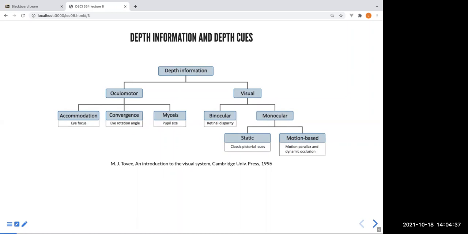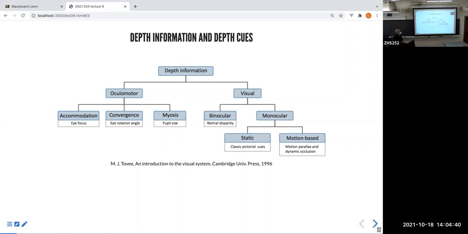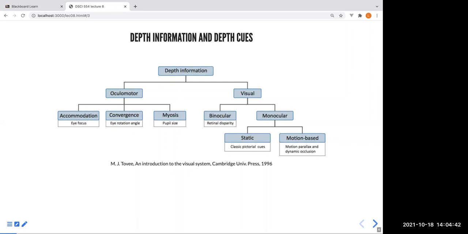So when you look at a scene, how do you gather through your eyes and through your brain the information about the depth? You have essentially 2 ways to do it, either using both eyes, and in that case, it's what is called binocular vision, or using one eye. And depending on which way you go, the cues are different.